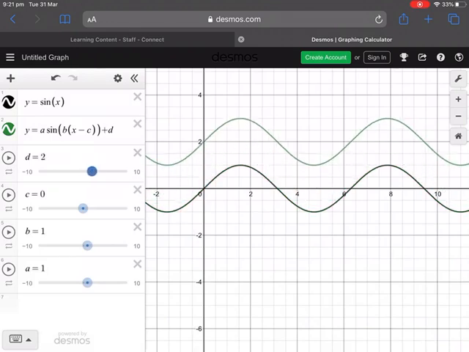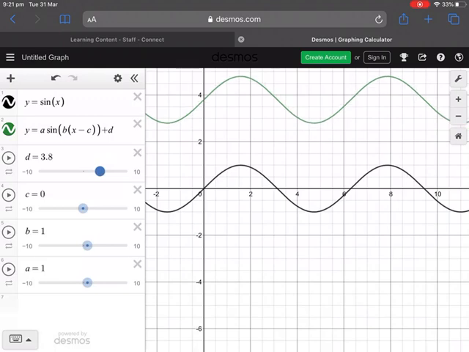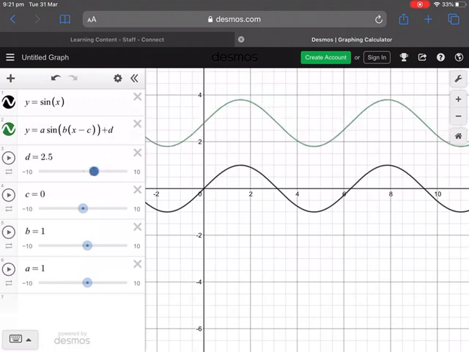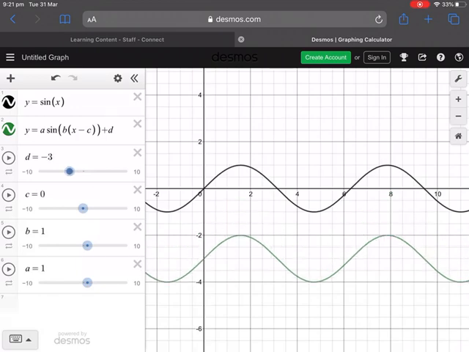As I increase d, the graph translates up. So 3, you can see it's moved up 3 places. Same if I go down, it has moved down 3 places. So hopefully that's not too much of a shock, and you can see the connections between all the other functions we've already learned.